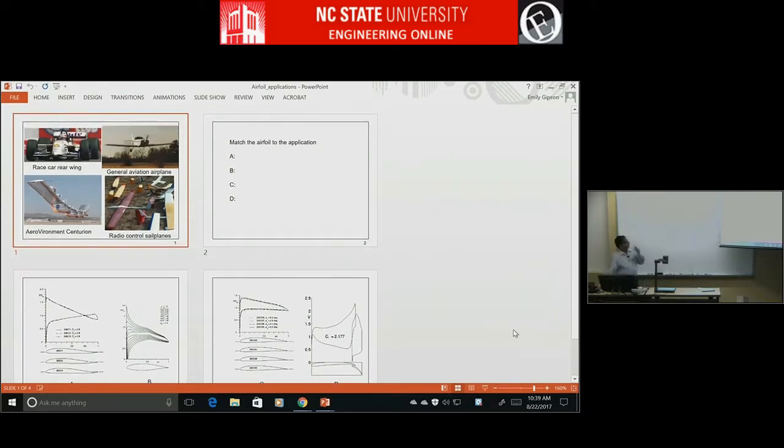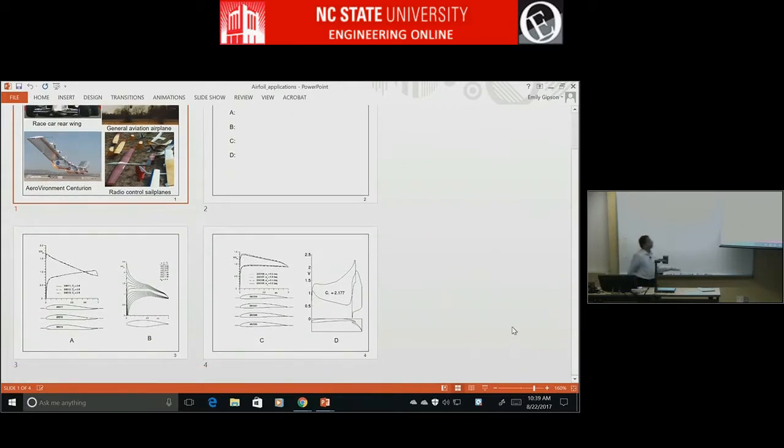So let's start connecting them. So obviously D is the race car. We can eliminate that. These two are very typical of, we're going to see this, low Reynolds number airfoils. It's maybe not even correct to say low speed, but low Reynolds numbers.